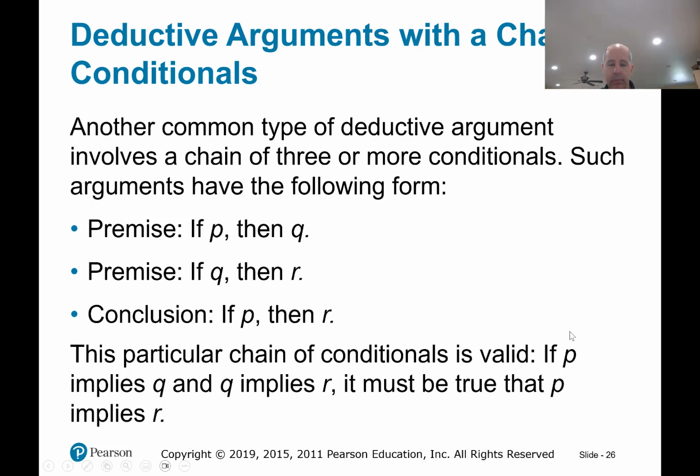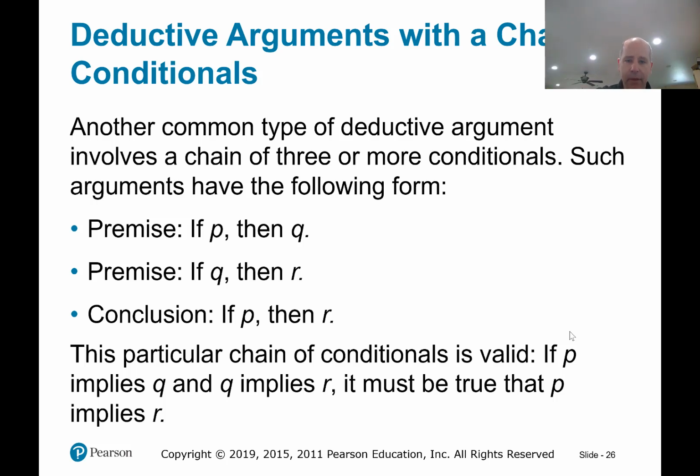Now, let's do another type of argument that is deductive, called the chain of conditionals, or in other words, using transitivity. And this is also a valid argument. It's valid by what we call transitivity. So we've got a chain of conditionals.